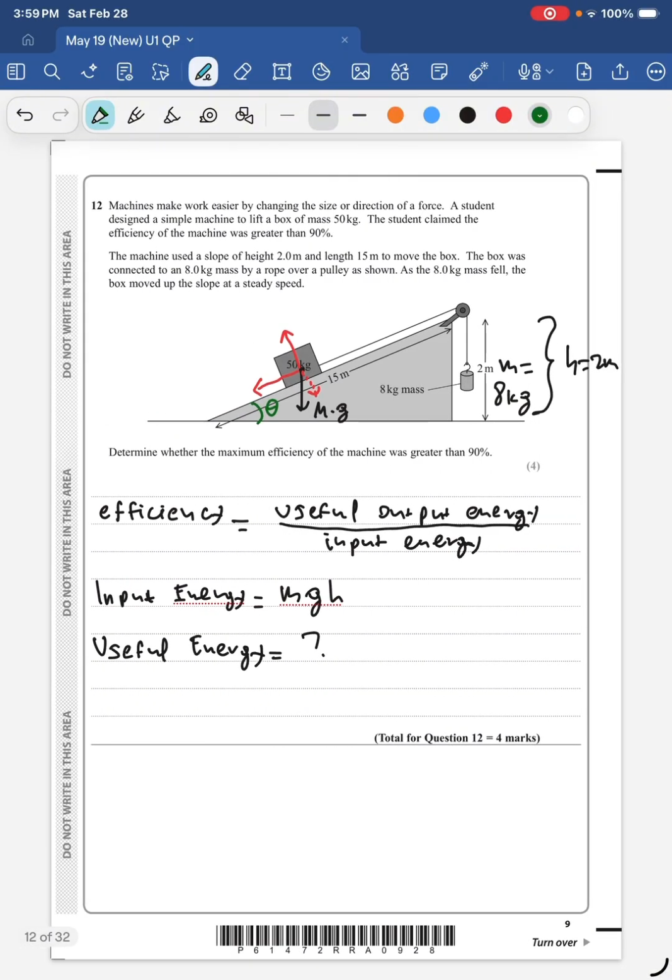So why is it 2/15? Because the opposite side is 2 meters and the hypotenuse is 15 meters. So now if that angle is theta, then the other angle that is theta is this angle in there. I crammed everything and it's difficult for you guys to see. So let me try again.